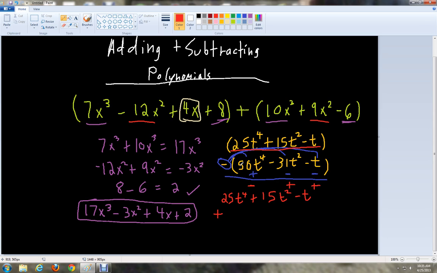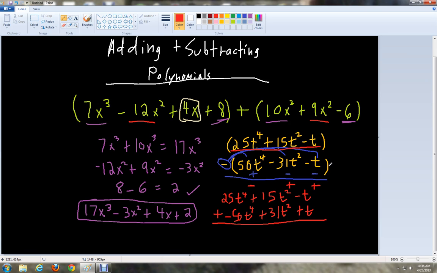So this will be what? Minus 50t to the fourth plus, because this changed the sign, 31t squared, and then we have plus t. So we're just going to add those together.